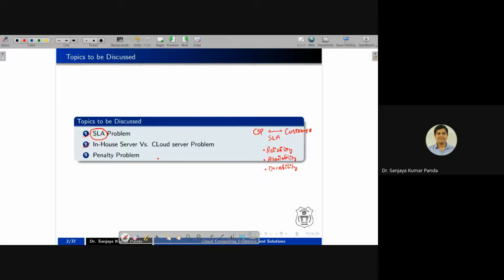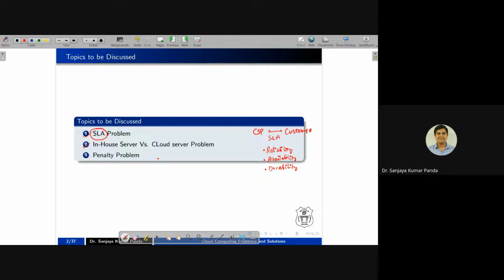Then there is another interesting problem that is related to penalty. Okay, so penalty is generally the difference between the demand and resource. So for example, if demand is more, resource availability is less. So it is over provisioning. You are over utilizing the resources.